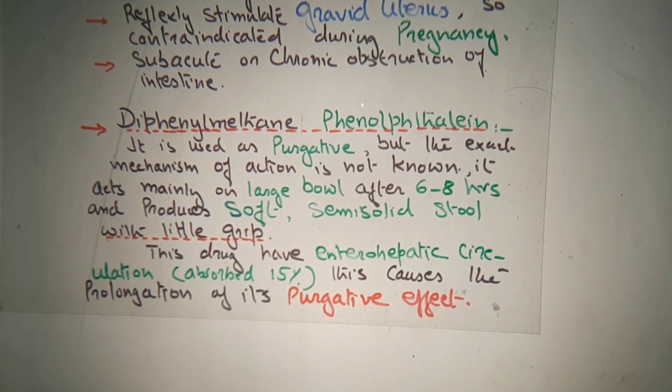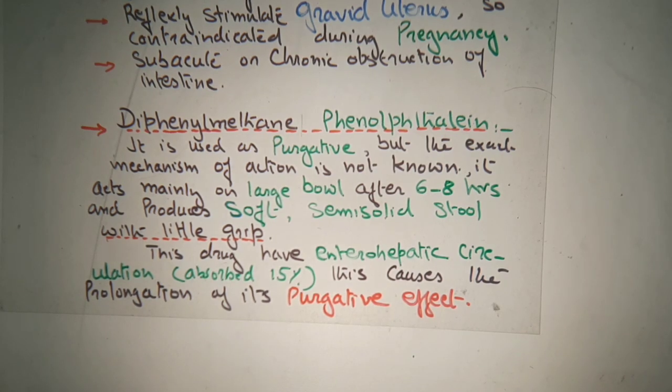So it can also be used as a purgative. It is used as a purgative, but the exact mechanism of action is not known. It acts mainly on the large bowel after 6 to 8 hours and produces softness of the stool or semi-solid stool.